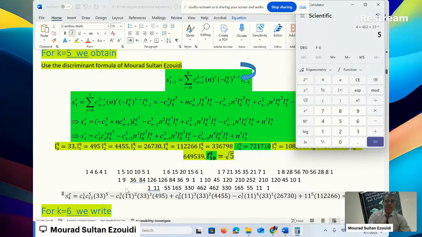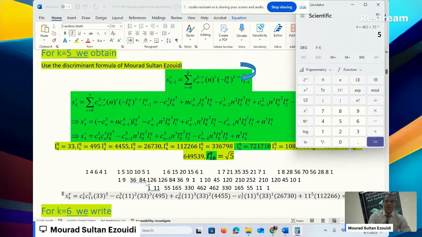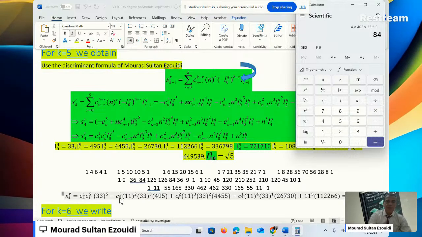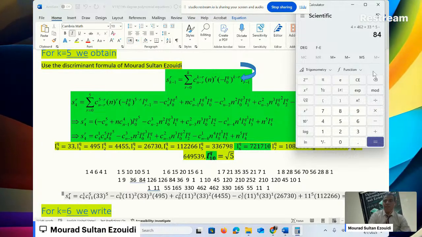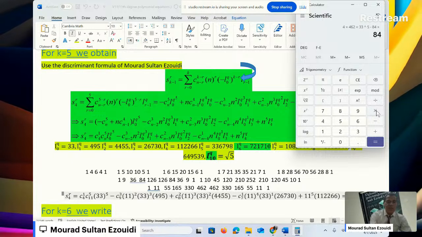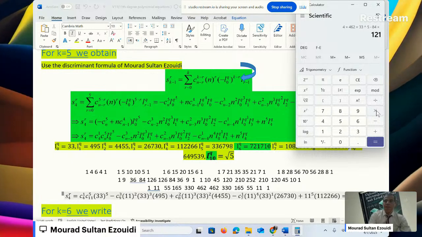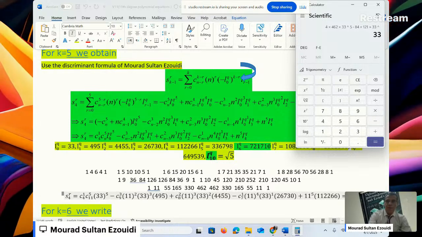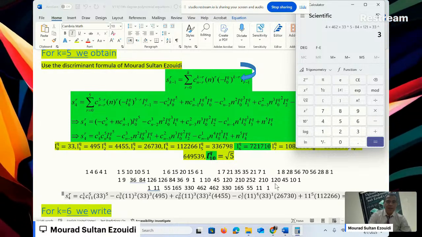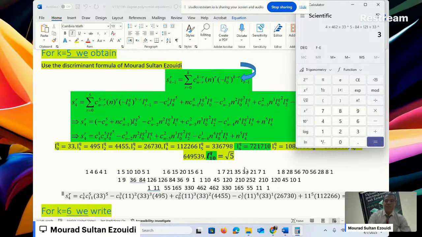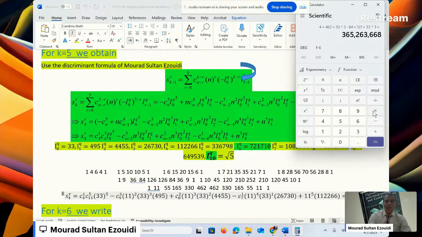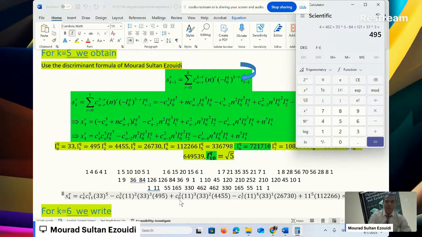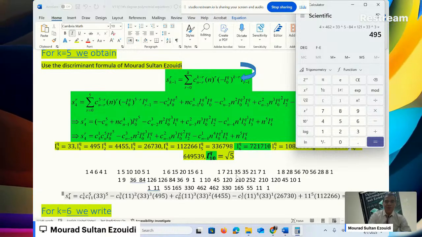Then minus 84 times 11 squared means 121 times 33 cubed, raised to the power 3, times 495. Then we move to this one, plus 28.